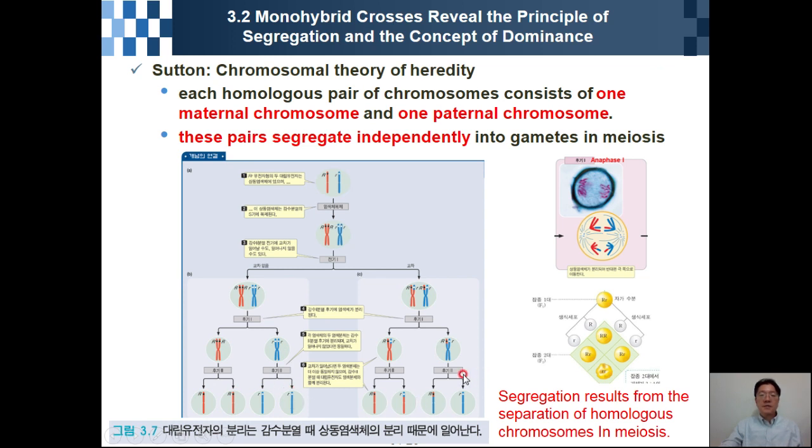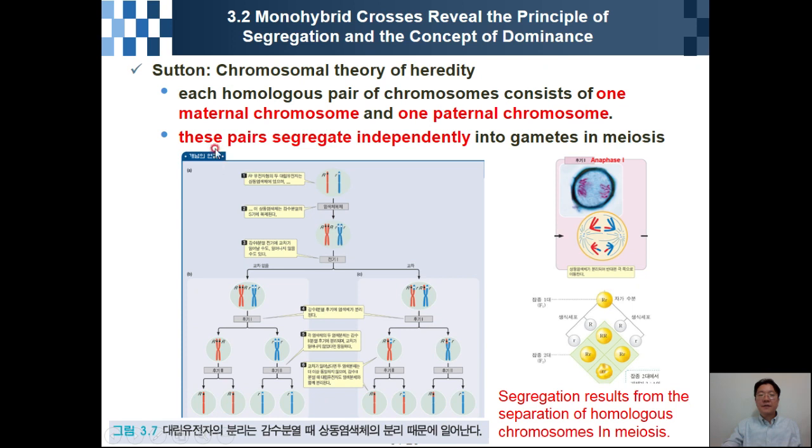So it means that after F1 fertilization, we can get the 3 to 1 ratio like this. So this is the chromosomal theory of heredity to explain Mendel's principle of segregation.